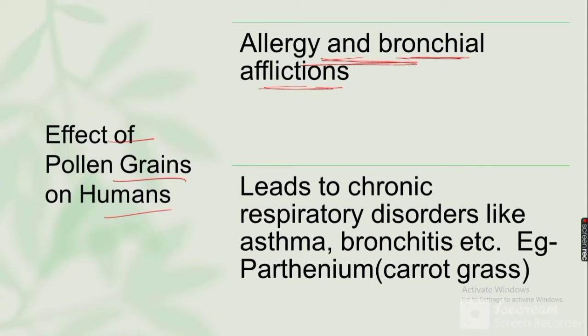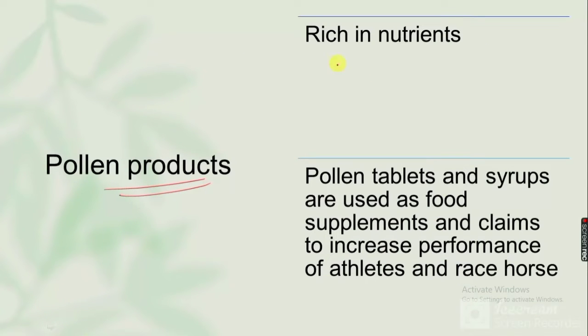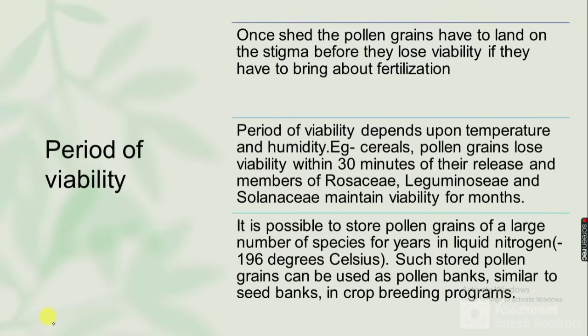It may lead to chronic respiratory disorders like asthma, bronchitis, etc. Example, Parthenium, that is carrot grass. Pollen products are rich in nutrients, and pollen tablets and syrups were used by athletes to increase their performance. They are banned now, but were used in the past.